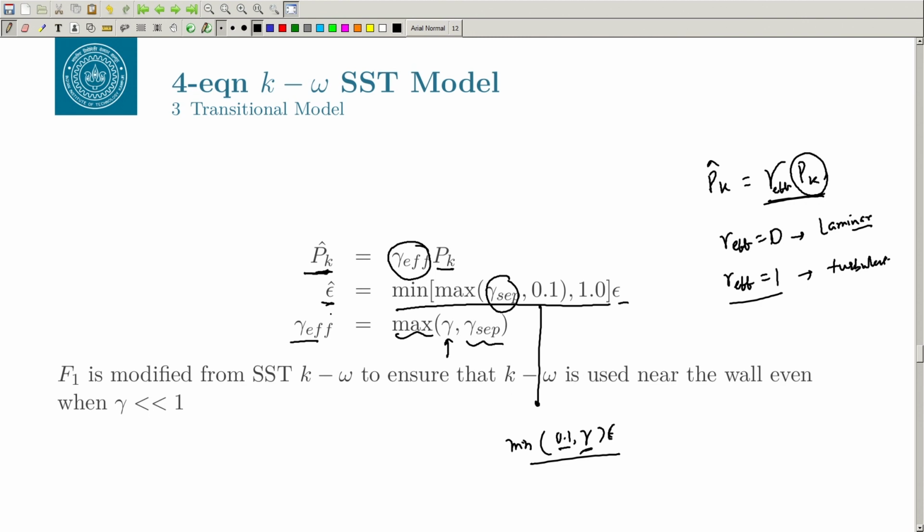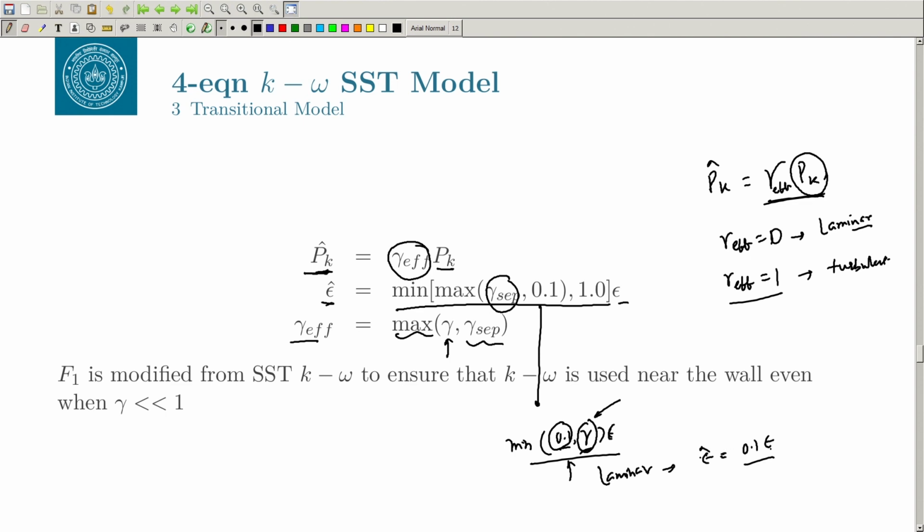What this modification says is that if the flow is laminar, when the gamma is equal to 0, again I am saying that this is not gamma itself, but some combination of gamma which makes sure that it is 1 in the fully turbulent flow and a value greater than maybe 0.1 in other regions. So if the flow is laminar, the dissipation, epsilon hat, is equal to 0.1 into epsilon.